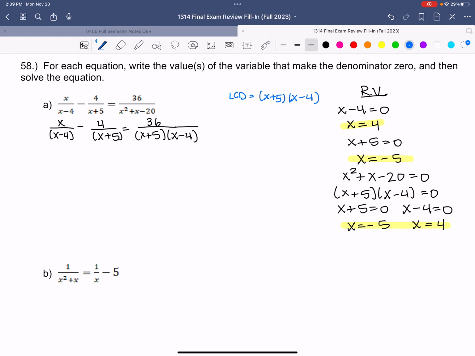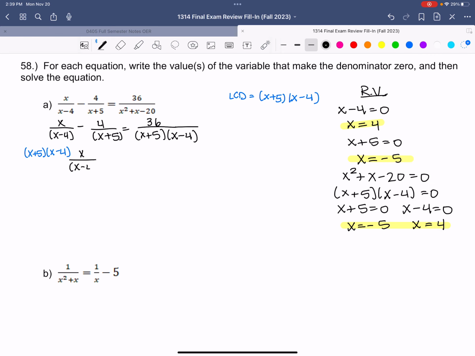So I don't have a ton of space here, but I'm going to go ahead and put x plus 5 times x minus 4 over x minus 4 here. Sorry, this is going to be a lot of writing.